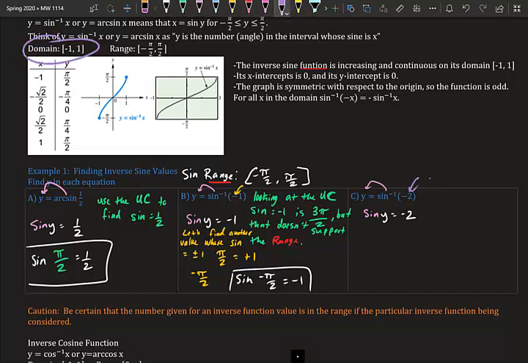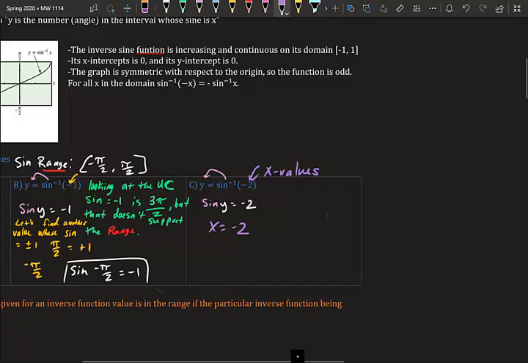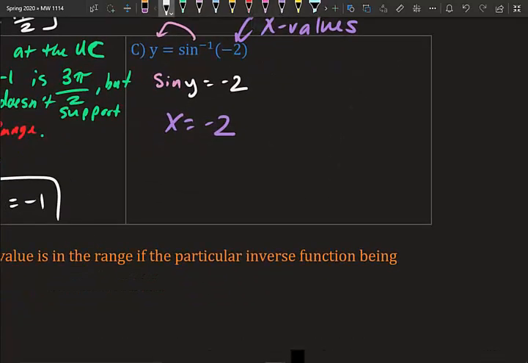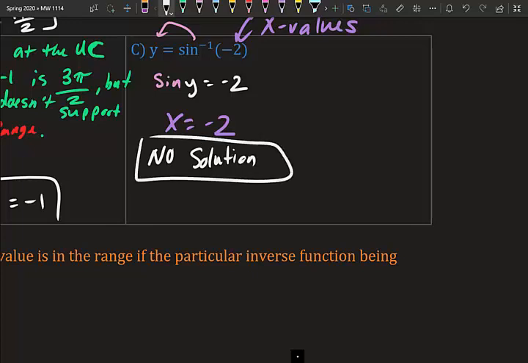What we're given is an x value. So we're saying x equals negative 2, but that doesn't support the domain of the sine function. So there is no solution, but why? It's because x equals negative 2, that's not in the domain.